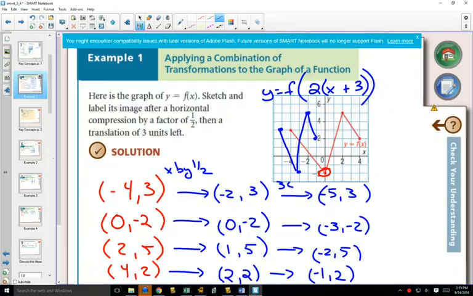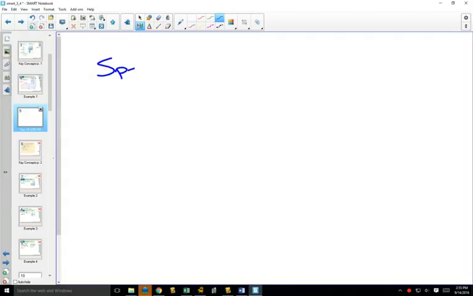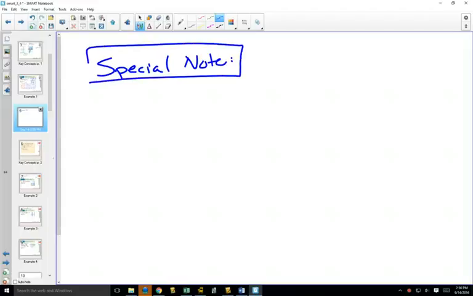Do you still have some space at the bottom of page 221? I would like to write at the bottom just a special note. We're going to refer to this note a fair bit in the next couple of days.